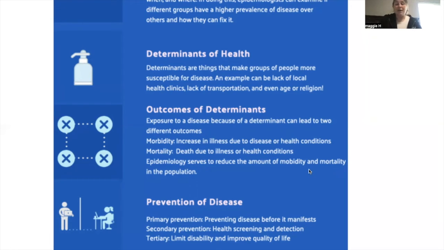So epidemiologists are going to use this information to hopefully reduce the amount of morbidity and mortality in the population. They're going to take that data. They're going to look at why are these people getting the illness? And why are people dying from this? And they're going to look further into that and hopefully prevent the spread of this.